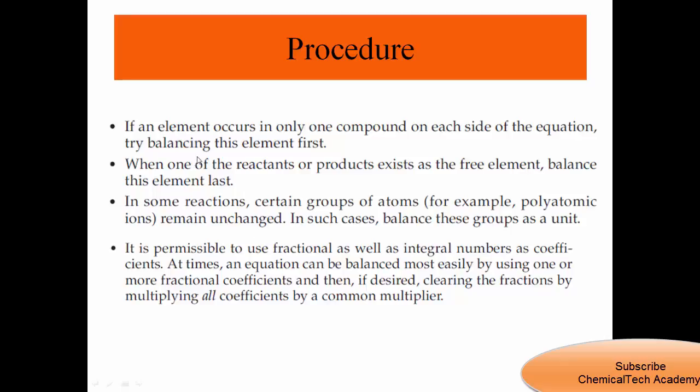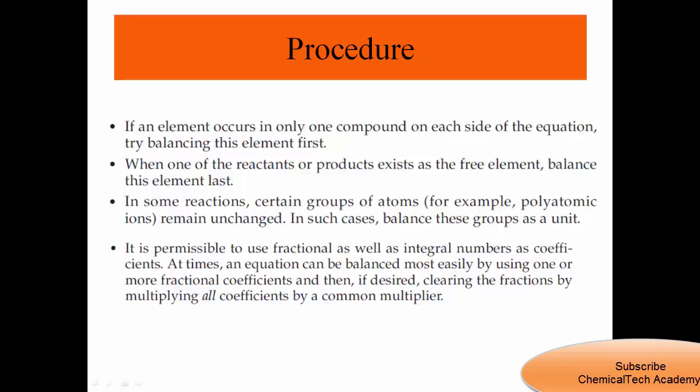First, if an element occurs in only one compound on each side of the equation, try balancing this element first. Second, when one of the reactants or products exists as the free element, balance this element last.